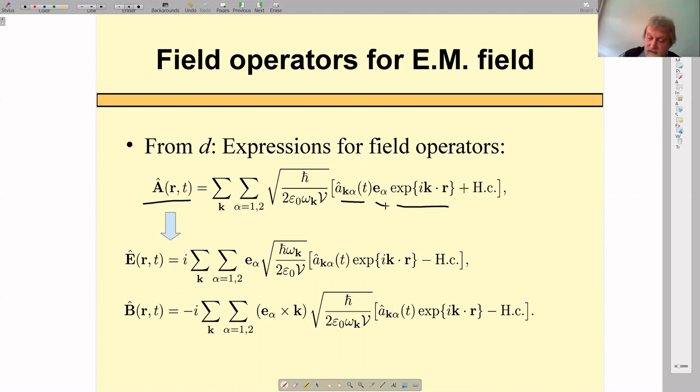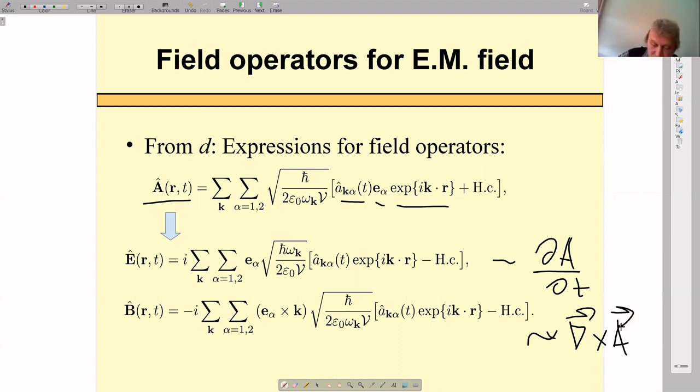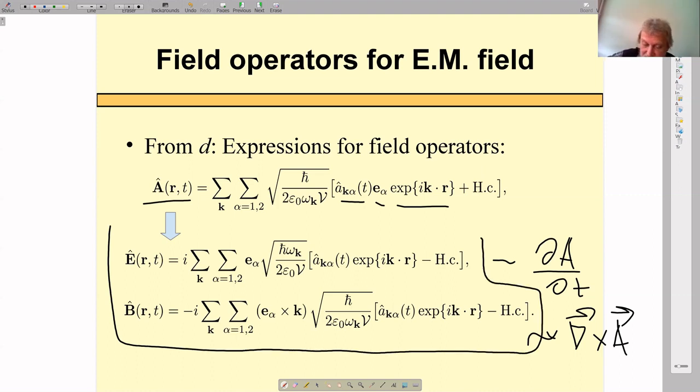Well, because the electric field is just proportional to the time derivative of the vector potential, and the magnetic field is proportional to its curl. From these formulas, we can get field operators for the electric field and for the magnetic field. We found similar expressions.